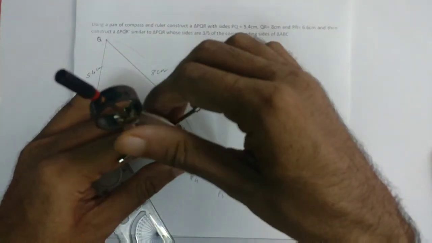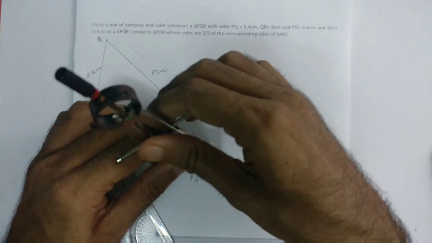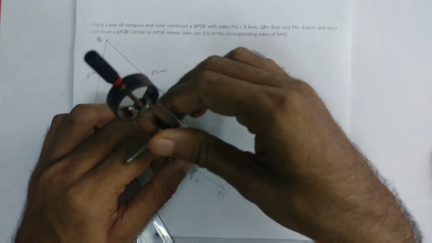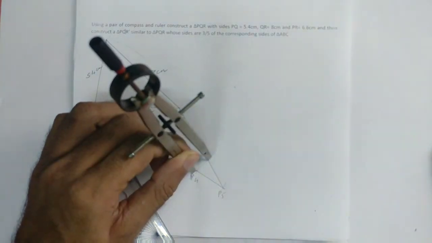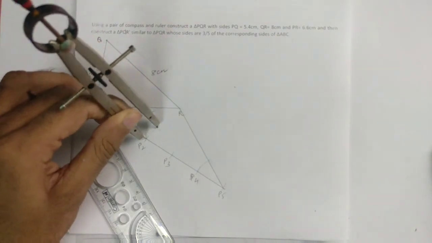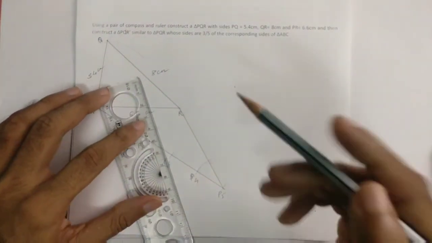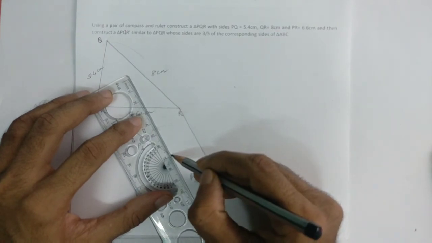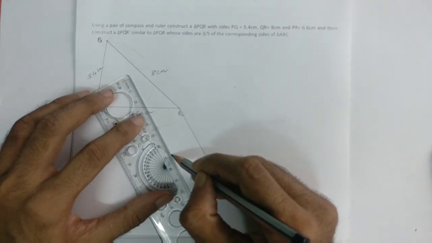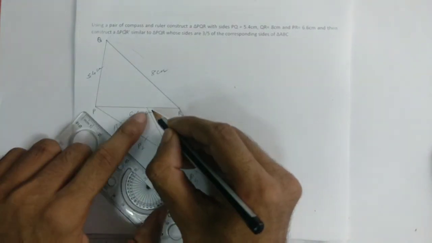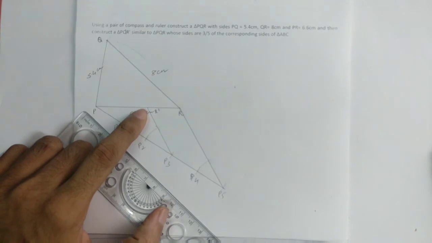Okay, adjust your compass in such a way that you touch the end of the arc, so starting and the end. Okay, with the same measurement, keep over here and cut an arc and pass a line from point P3 and the point of intersection, and you will get this point. This point will be your R dash.